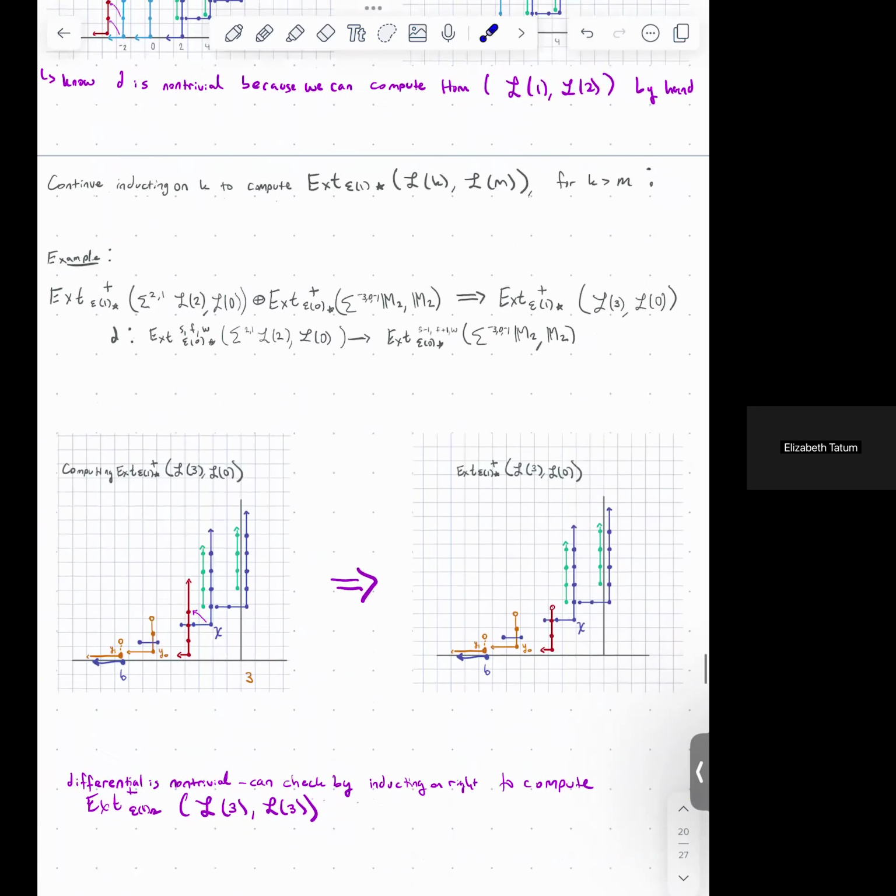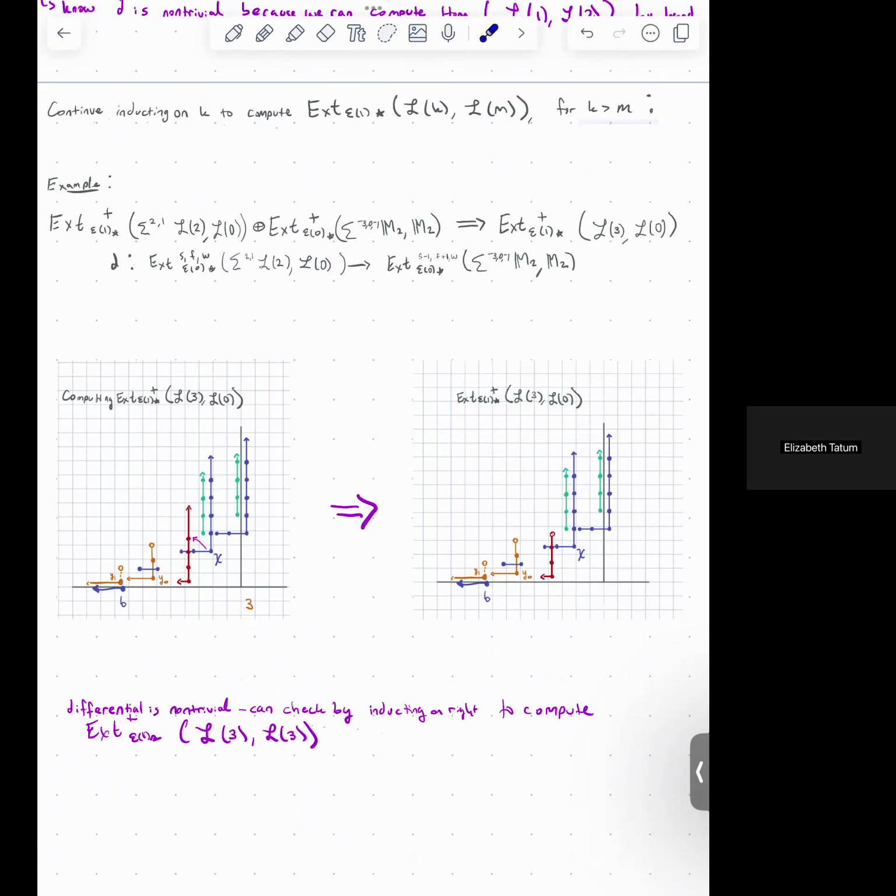Then you want to continue and do this also for k greater than m. So let's do the example of x to L of 2, L of 0, plus this shifted x over e of 0 dual, telling us about x of L of 3, L of 0. And it's a similar situation. There's this differential and all its V0 multiples could be non-trivial. And here we can't really use the argument of computing Homs by hand, but what we can do instead is a trick.